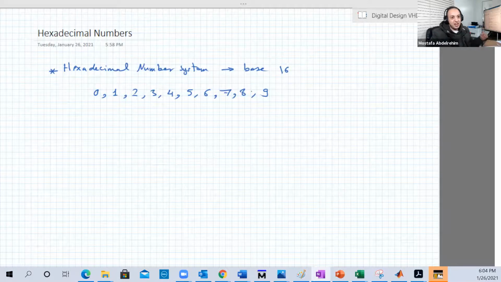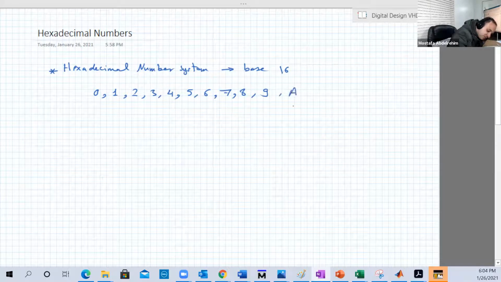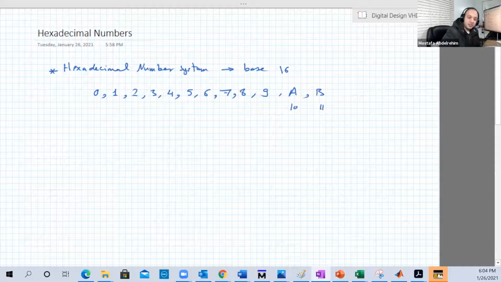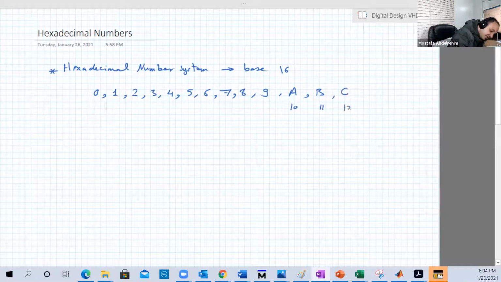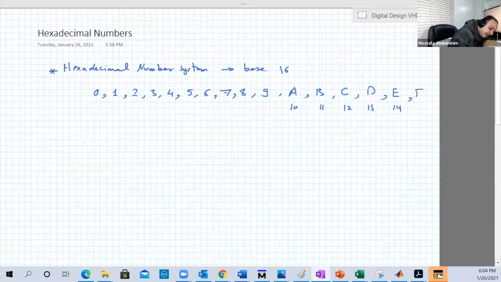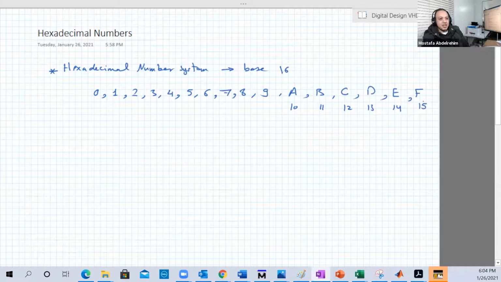They agreed on using the alphabet: A to represent 10, B for 11, C for 12, D for 13, E for 14, and F for 15. So we can construct any number based on these 16 symbols.